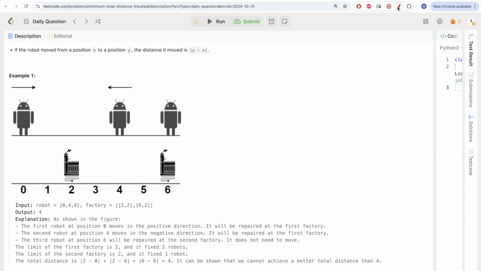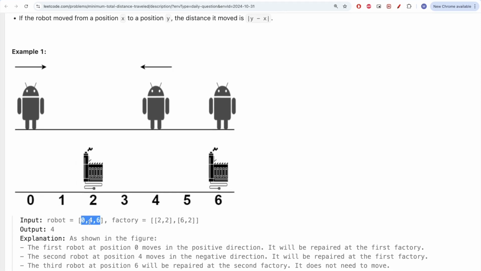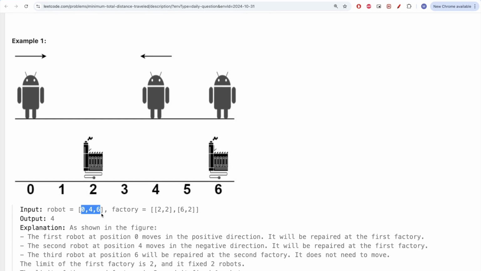So the first observation is that we are not guaranteed that this is in sorted order. So it makes sense to sort both. Why? Because if you have a robot here, right, it always makes sense to assign it to the next one, the closest to it, right?